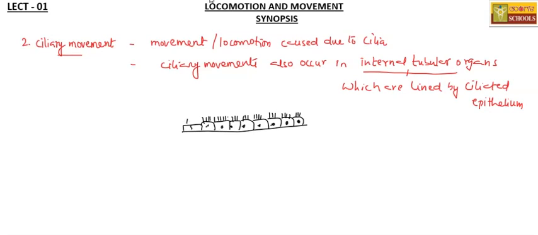Suppose this is the fallopian tube, and it is lined by the ciliated epithelium. You can see the presence of cilia.